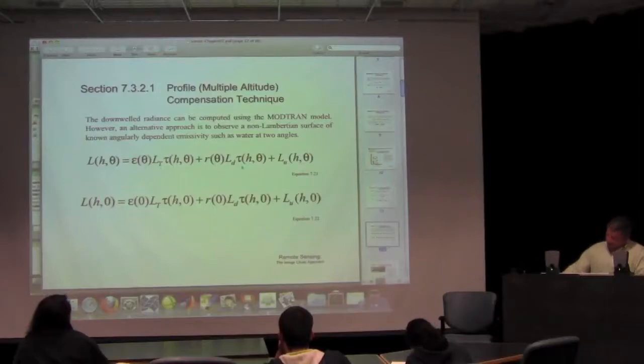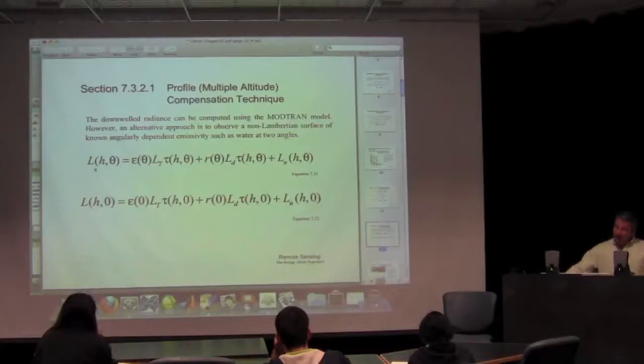Black body radiance, just the big equation components, so the self-emitted terms, the downwelling terms, and the path radiance term. Okay? And if I look at that same target straight down from nadir, so theta is 0, all the terms change to reflect that in the same equation.